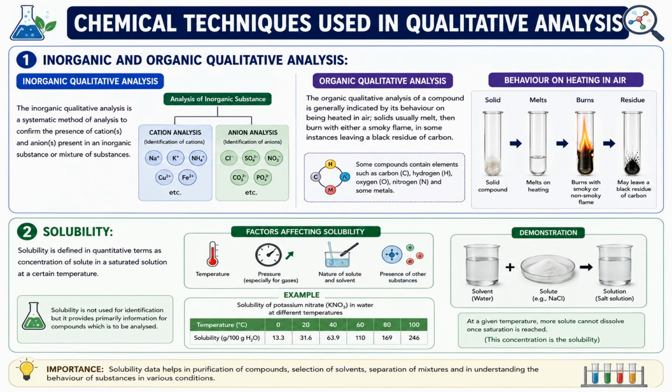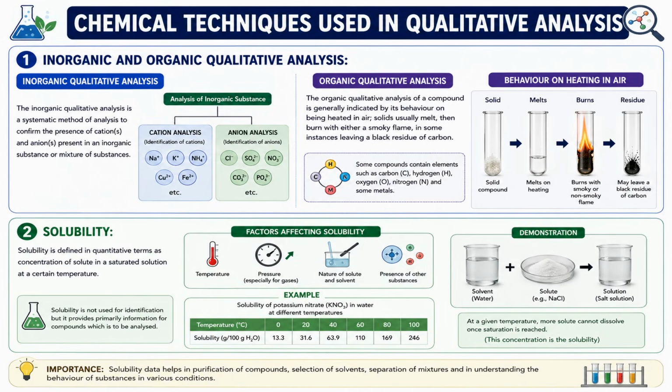The inorganic qualitative analysis is a systematic method of analysis to confirm the presence of cations and anions present in an inorganic substance or mixture of substances. In organic qualitative analysis, the compound is generally heated in air; solids melt and burn with either a smoky flame, and some leave a residue of carbon. Some compounds contain carbon, hydrogen, oxygen, nitrogen and metal ions.